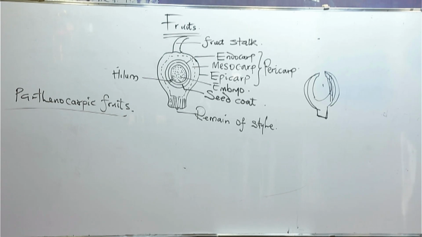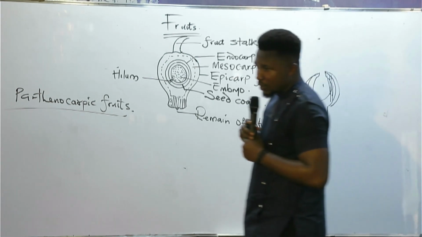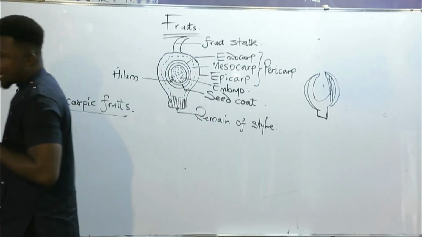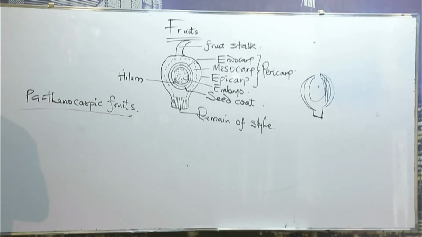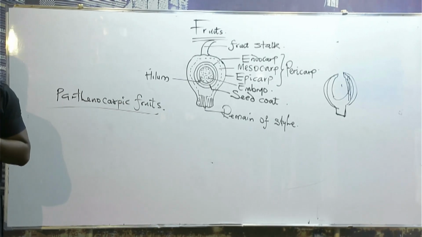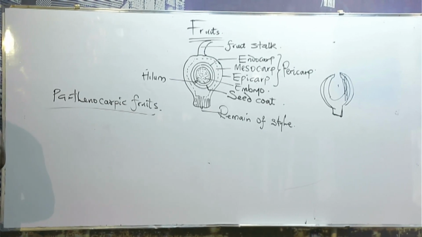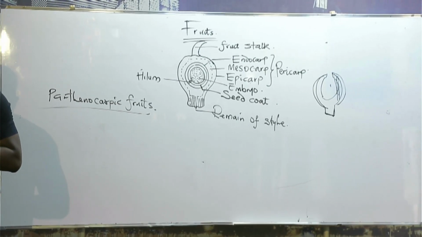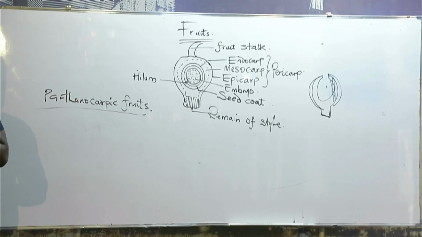Banana is Musa paradisiaca. Musa paradisiaca is the botanical name of banana. Which other one do we have? Plantain.